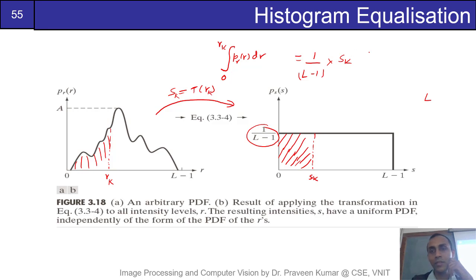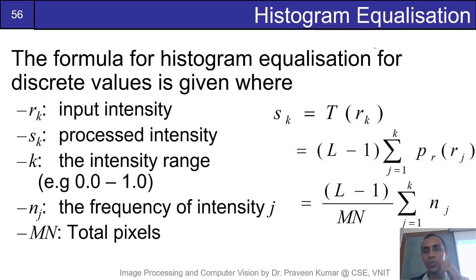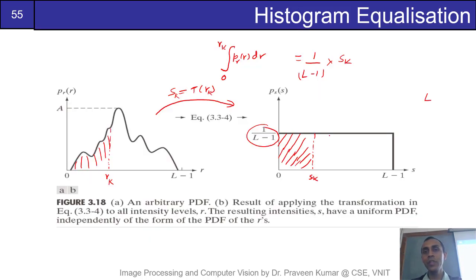I'm just going to show you the final thing. So sk is equal to T(rk). Our transformation function will be, so here if you see, this implies sk is going to be L minus 1 times the integration changed to summation of pr(rj), so this should be pr only.